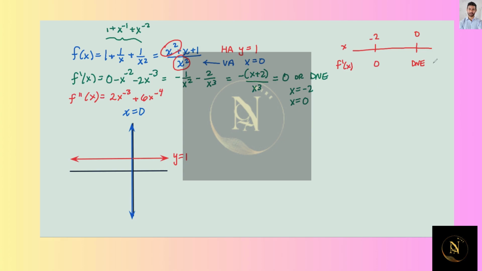So if I plug in something big like 1, I would have gotten a positive except for this minus out here, so that becomes a negative. If I plug in say minus 1, I'll get a negative on the top and a negative on the bottom, so that's a positive. And if I plug in minus 3, double negative, but negative on the bottom, so plus.